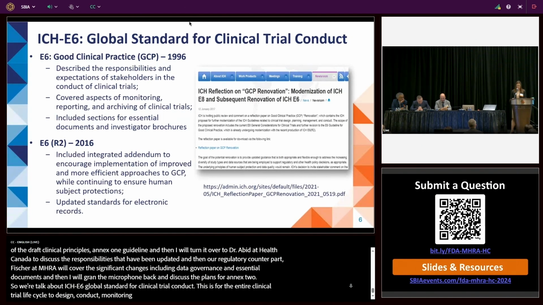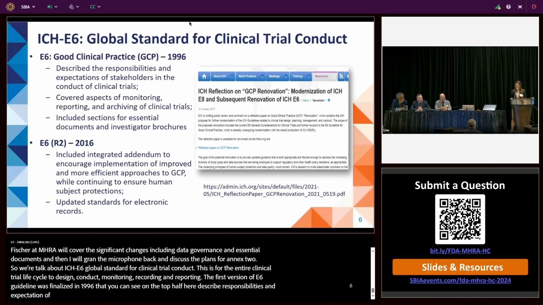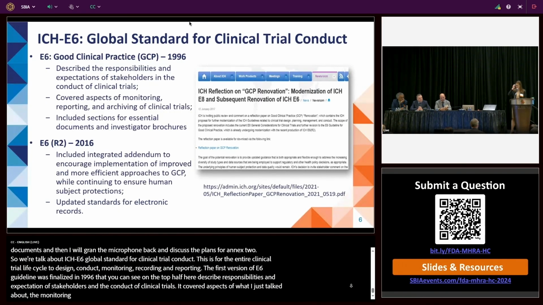The first version of the E6 guideline was finalized in 1996, which you can see in the top half here, and described responsibilities and expectations of stakeholders in the conduct of clinical trials. It covered aspects of what I just talked about, the monitoring, reporting, and included sections for essential documents and IBs.